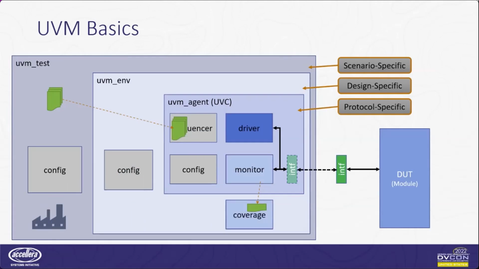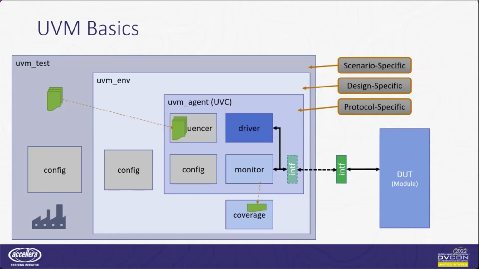So the test can use the factory, it can define a set of sequences, it can also configure the environment to do certain things. And that is how we tweak the test bench to be scenario specific for the particular test that we want to run.